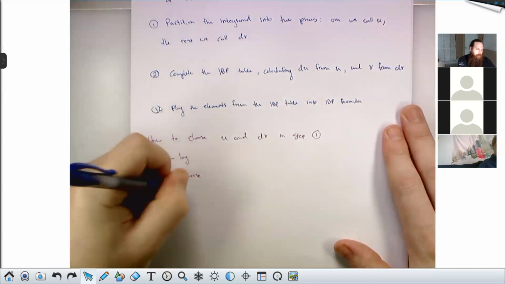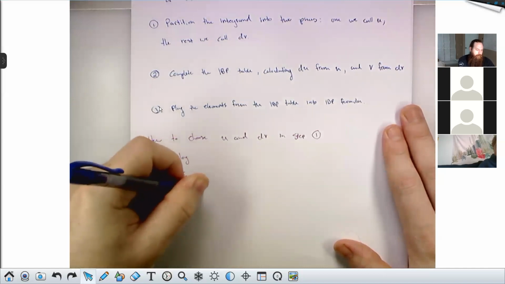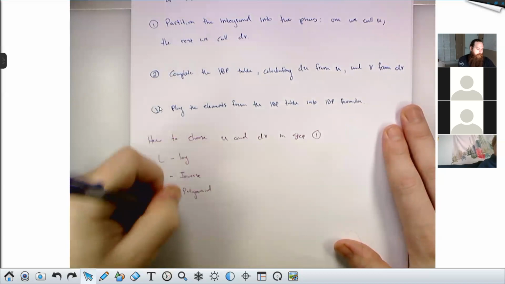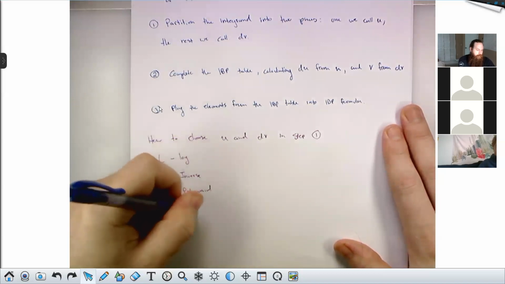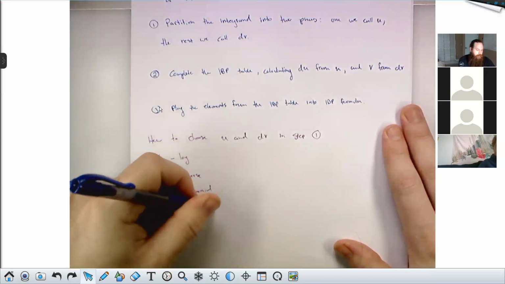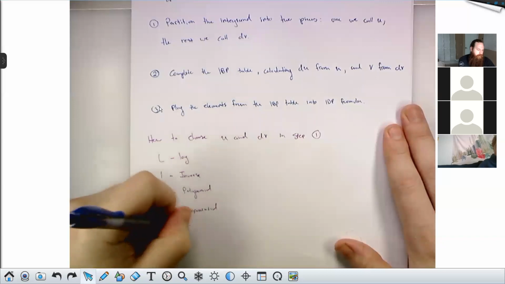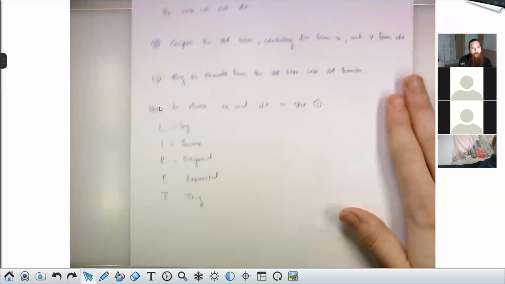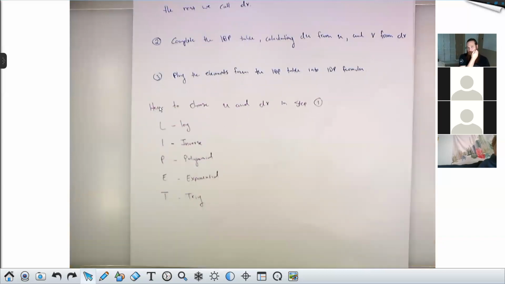P stands for polynomial. E stands for exponential. T stands for trig. This is a hierarchy. If there are any logarithms in your integrand, then you should choose that to be u and let dv be everything else.